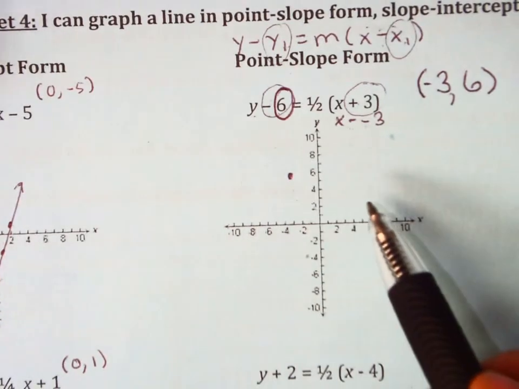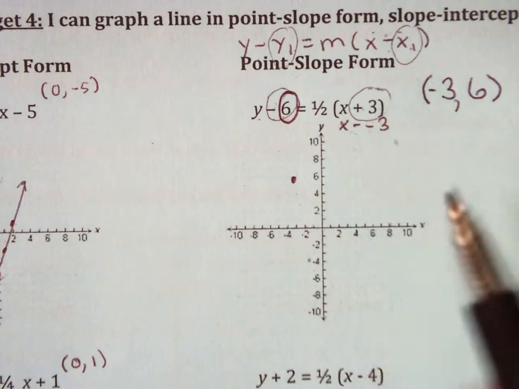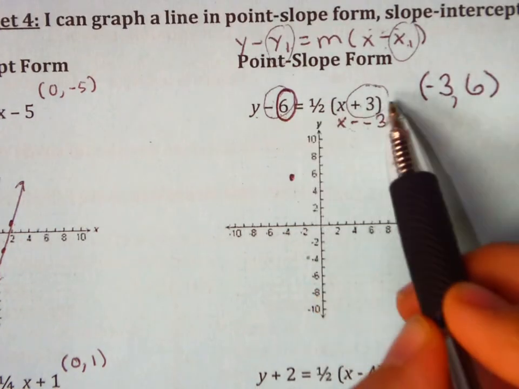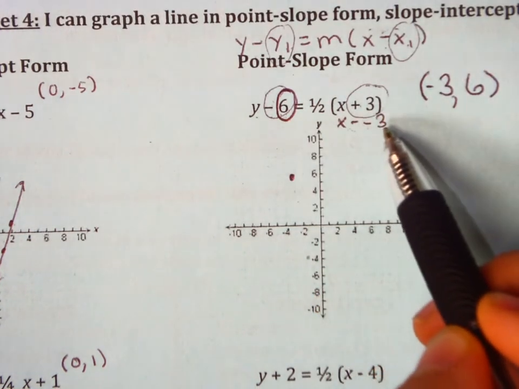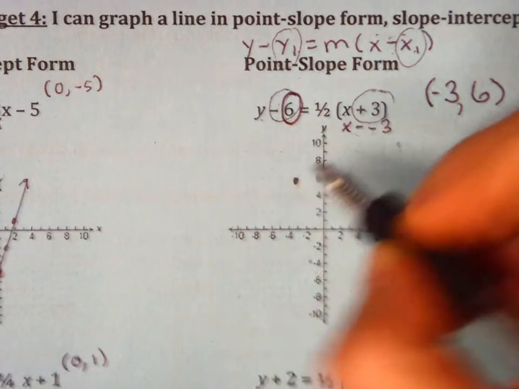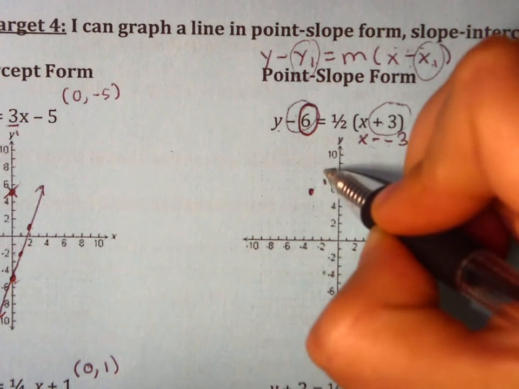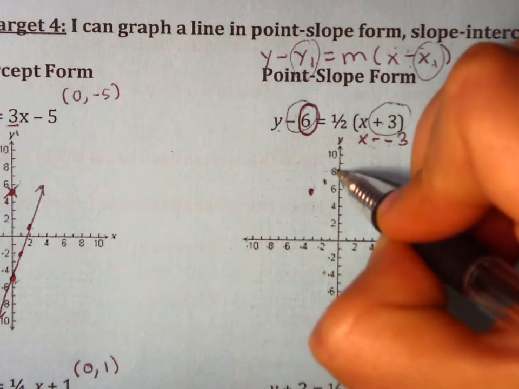Over here, my starting place was the point that the equation told me. This is my y-coordinate, this is my x-coordinate, which is really a negative 3. So from here, I'm going to go up 1 over 2. Up 1 over 2.